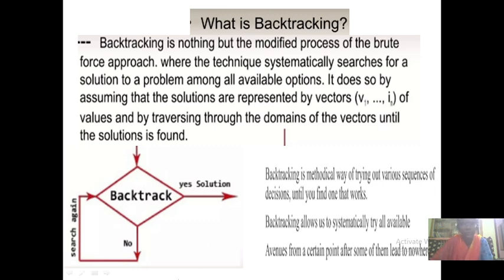Now by this picture, we start from the root and go to level 1, level 2, like that. We try to traverse toward the nodes, and once the solution is received, we conclude this is a solution. Then again we backtrack to the previous level and check whether any possible solution can be reached.